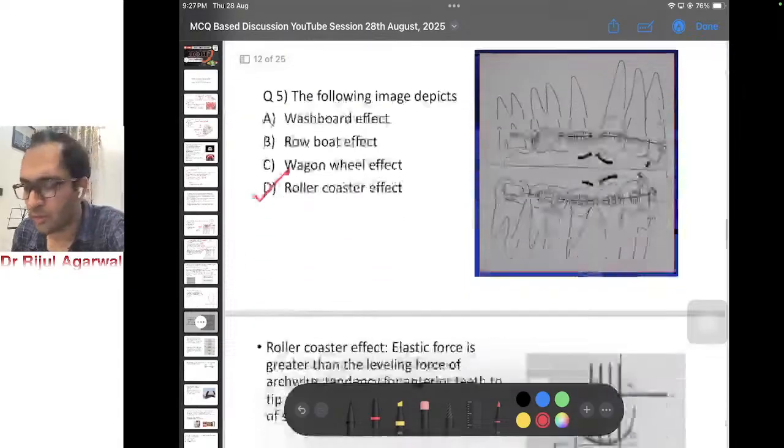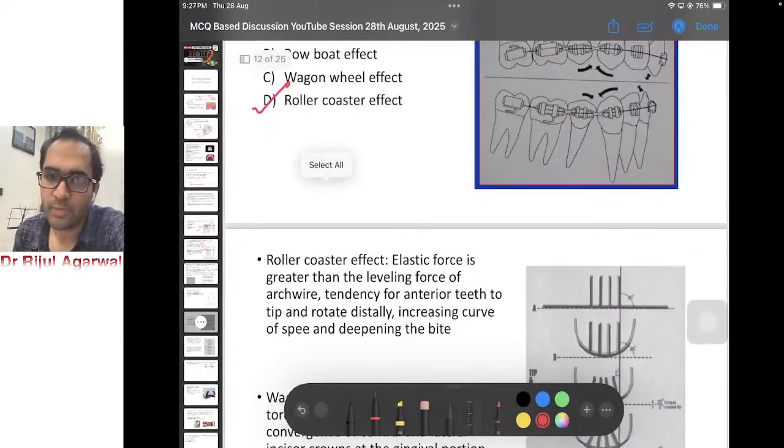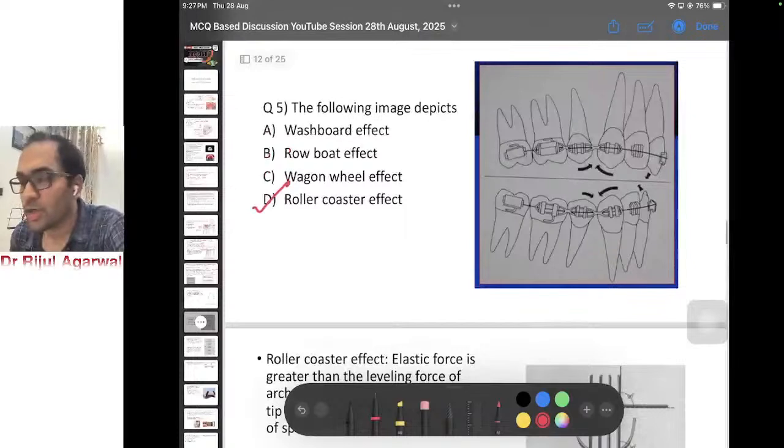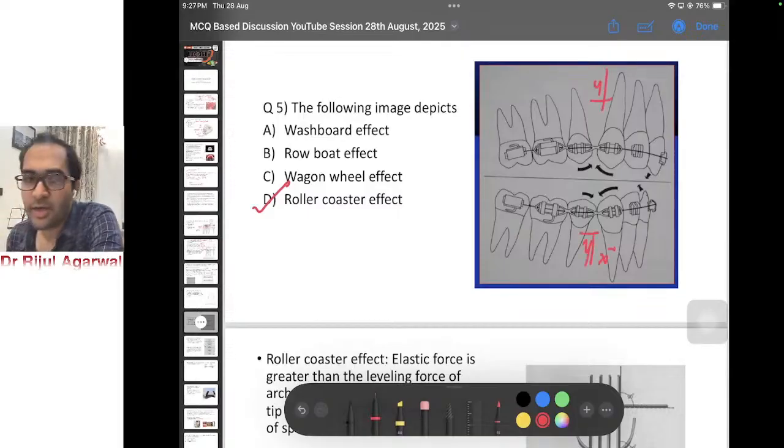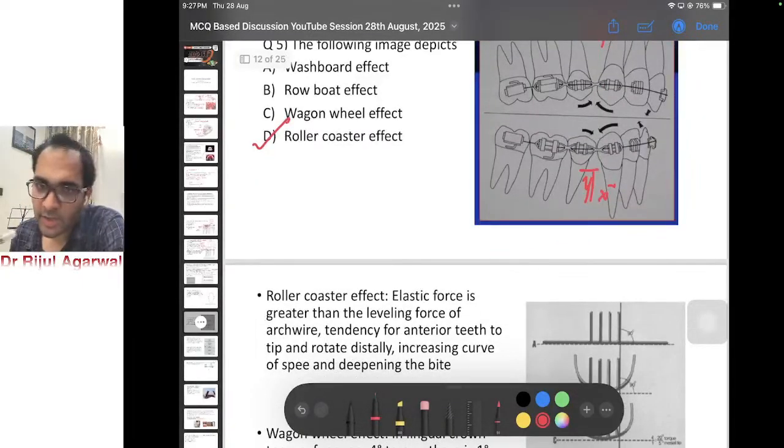So what is, first of all, the roller coaster effect? Again coming to an extraction case, in which we want to retract the anterior teeth. Imagine a scenario, students, in which when we are retracting the anterior teeth, you apply force through e-chain or elastics.